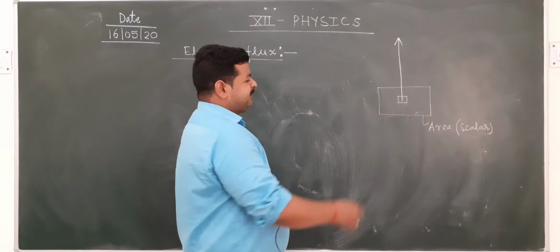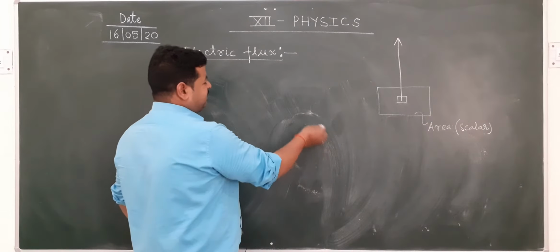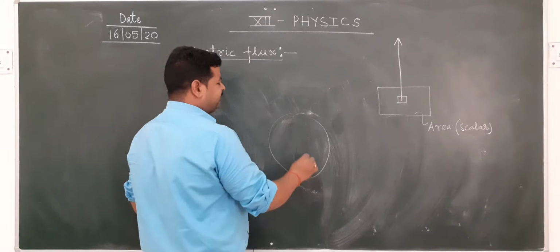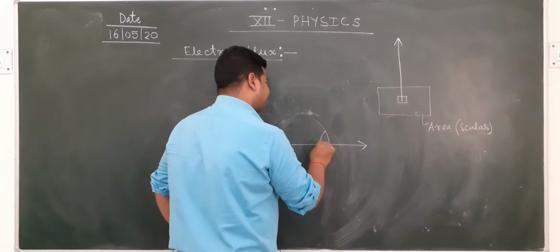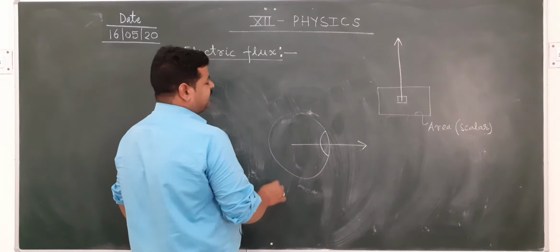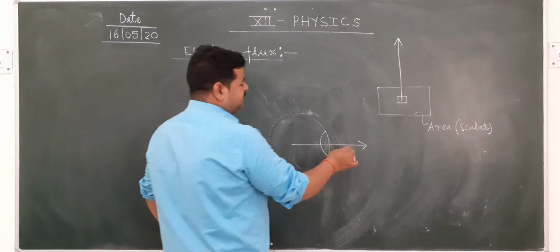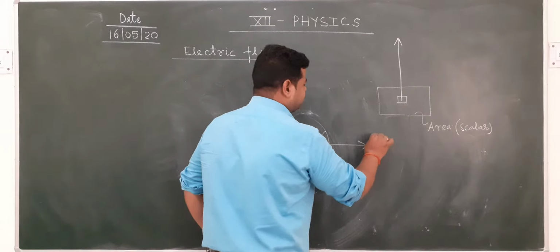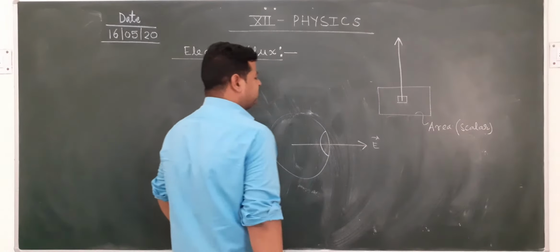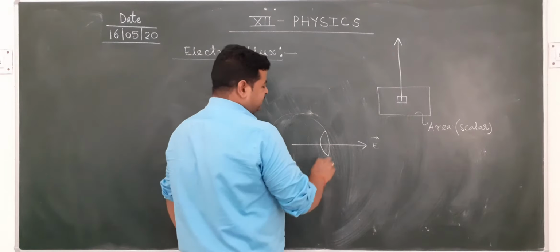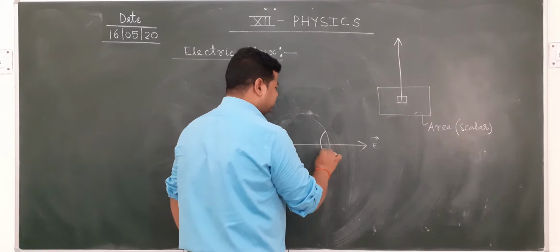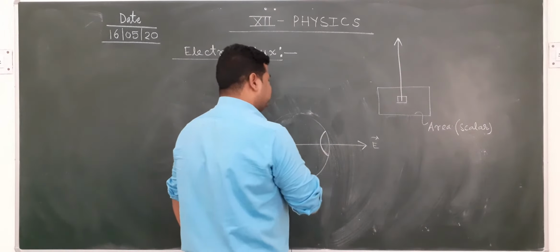As another example, if electric field lines pass normally outward through a surface element of a sphere, then the area vector of this surface element is also outward.